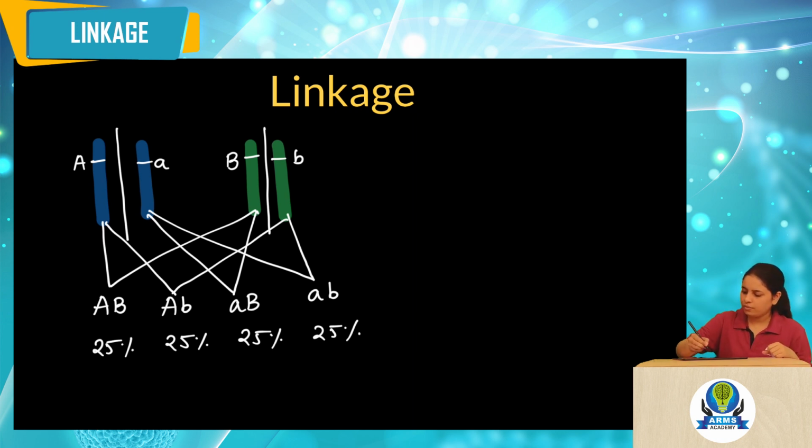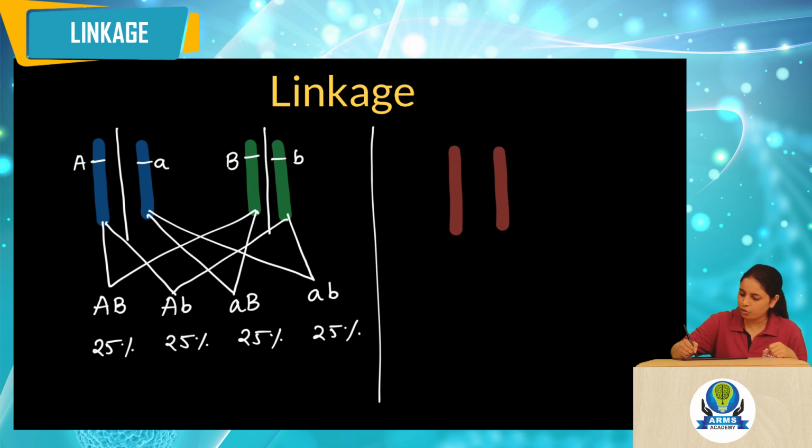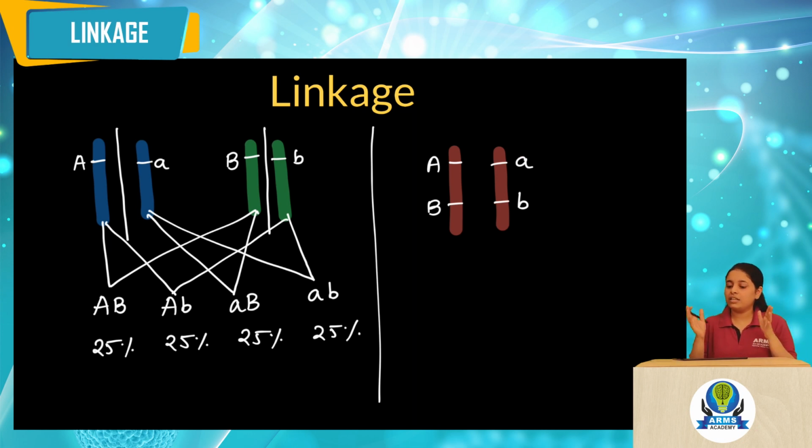So, if we have a chromosome, let's take a red chromosome, homologous pair of chromosome, and we have genes A and B on the same chromosome. As both the chromosomes in a pair will segregate during gamete formation, these two chromosomes will separate.